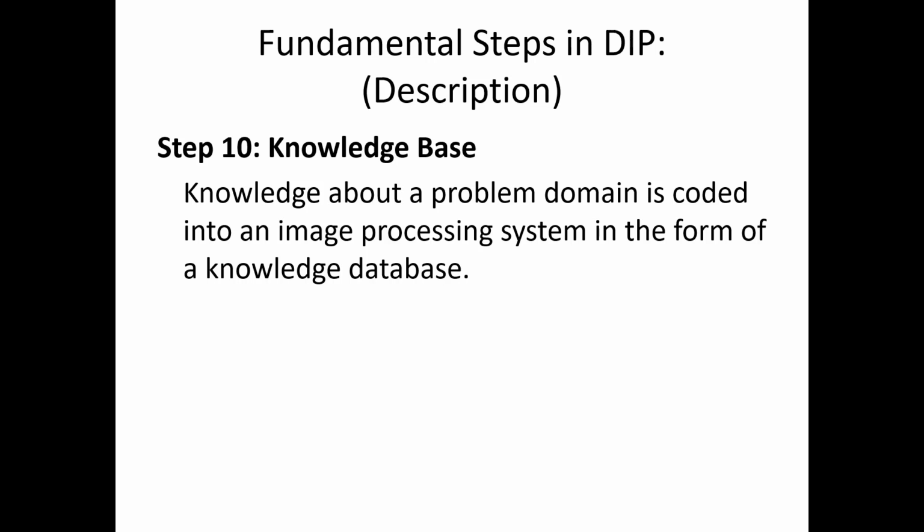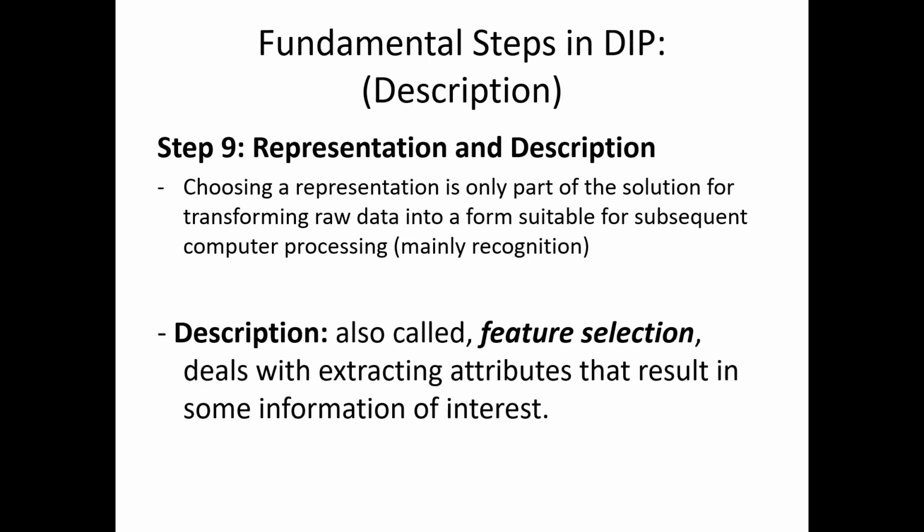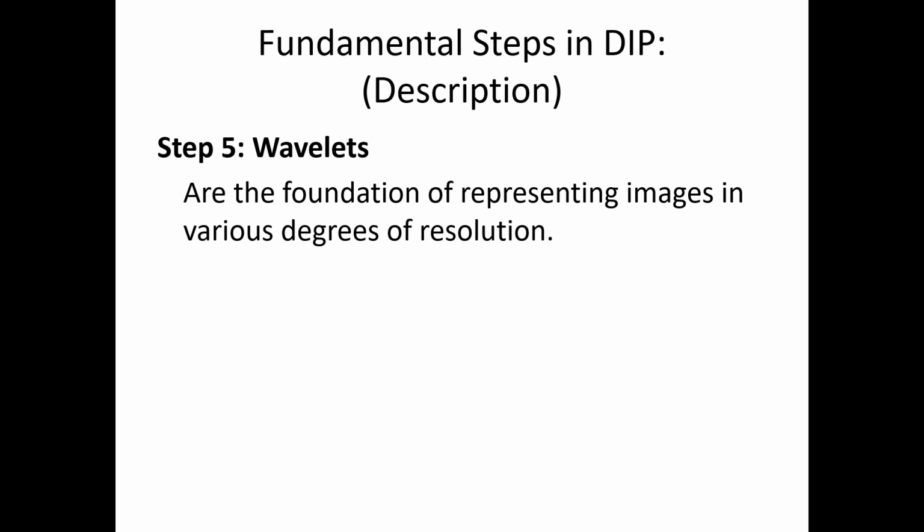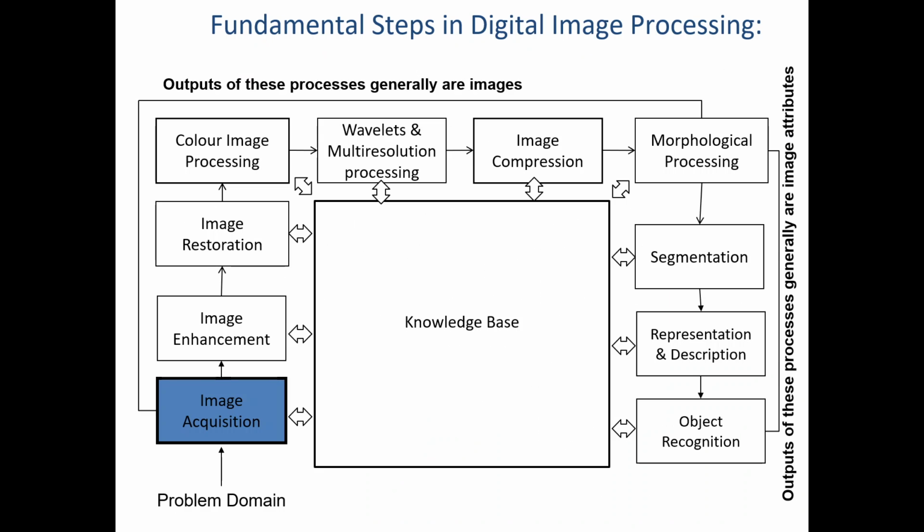For that purpose we require the knowledge database so that the problem can be removed with the help of digital image processing concepts. So this is what we discussed here about the fundamental steps of digital image processing.